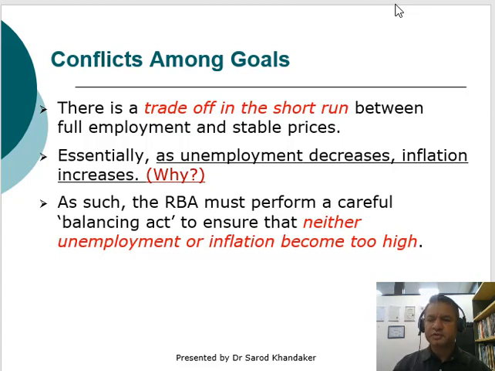Essentially, when unemployment decreases, inflation goes up, and vice versa. As such, the RBA must perform a careful balancing act to ensure that neither unemployment nor inflation becomes too high. So there are always conflicts among the goals, and there is a trade-off.